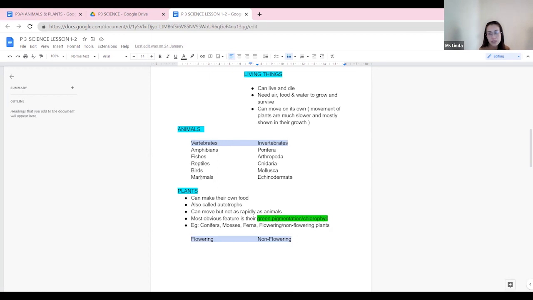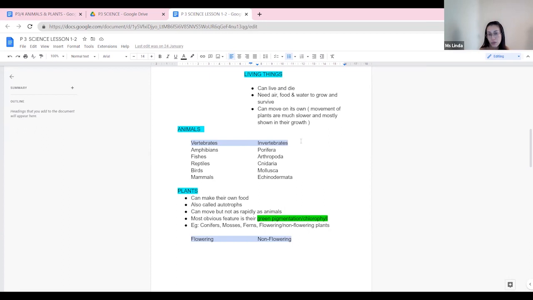So generally, to classify according to their characteristics and appearances is basically these 5 groups. Otherwise, there are other ways of describing them. You can put them under scales or without scales, or by number of legs, 2 legs or 4 legs. So it really is a very wide genre of how you want to divide them into groups.